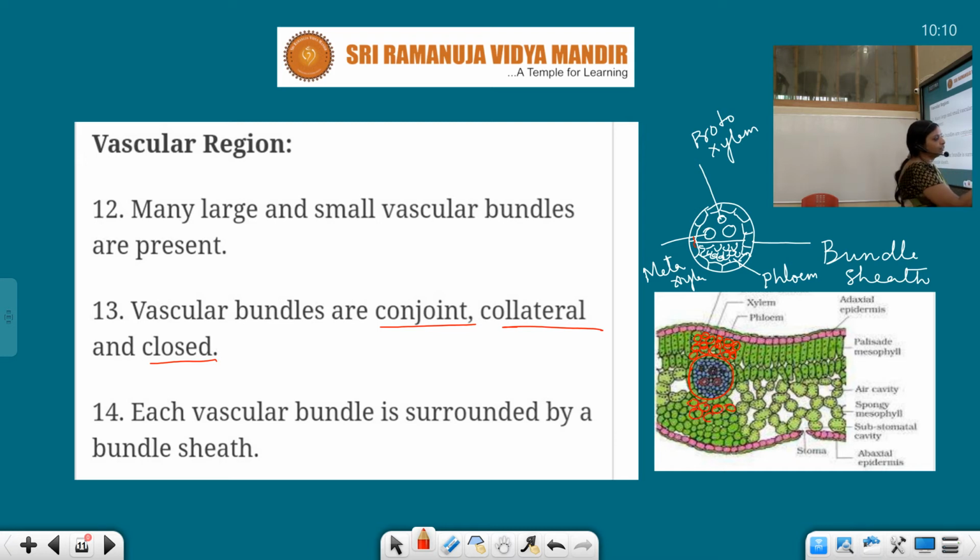Towards the lower epidermis, extensions are also present. In the mesophyll we can observe these extensions. So these are extensions, and they are made up of parenchymatous cells.